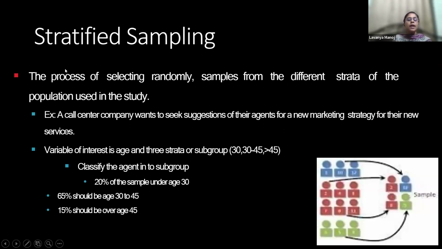And then there is stratified sampling. That is where you are giving some weightage to each group in the sample. You might have selected a sample size of 100 from a population of, say, 10,000.